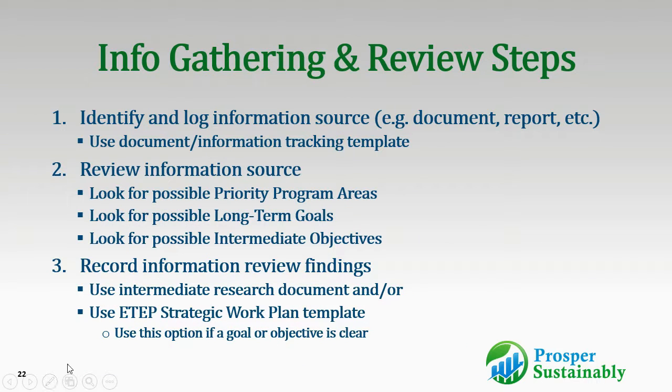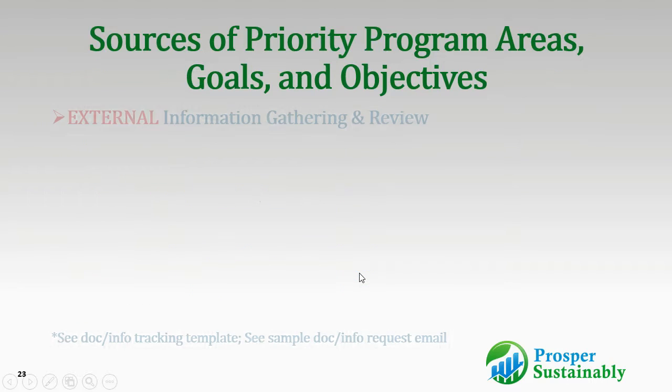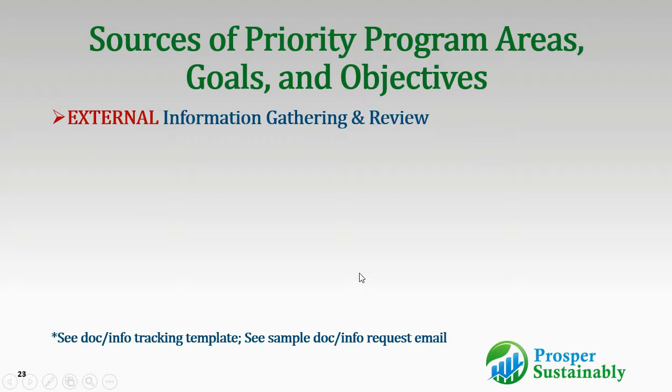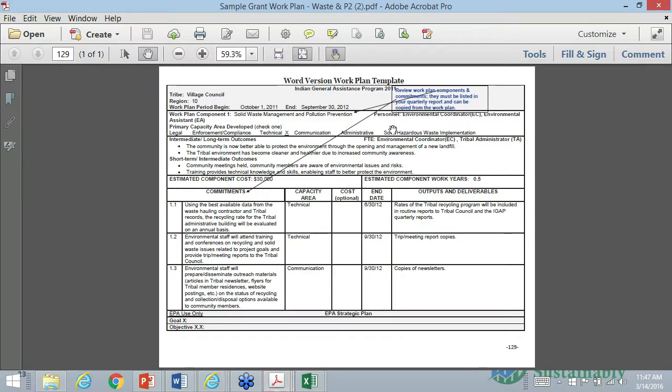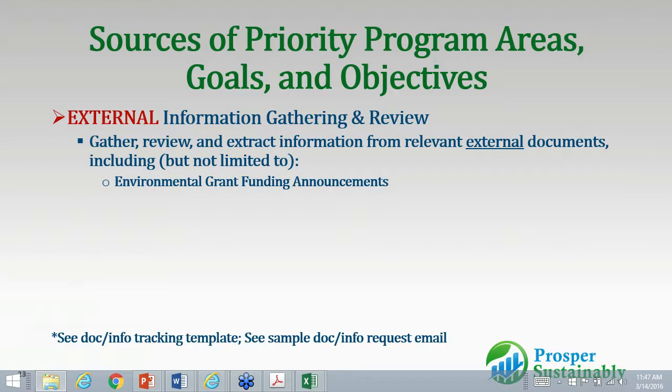Okay, so I want to focus on external information gathering and review, and so you can also gather, review, and extract information from relevant external documents, including environmental grant funding announcements. One thing that I've come across that can be helpful is that the GAP announcements actually have a sample work plan for just a few areas.